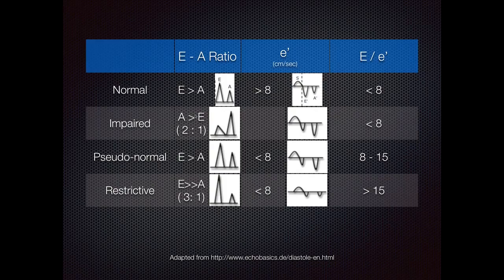And to differentiate the other two abnormalities from the normal stage, we move on to tissue Doppler imaging. So what I've got in this table here is the cutoff for the septal annulus level. So if your E prime is blunted, you've got a patient with diastolic dysfunction. And then lastly, E to E prime as a reflection of LV and diastolic pressures.